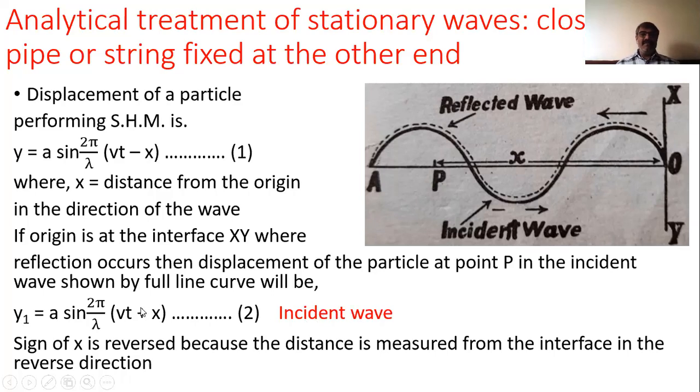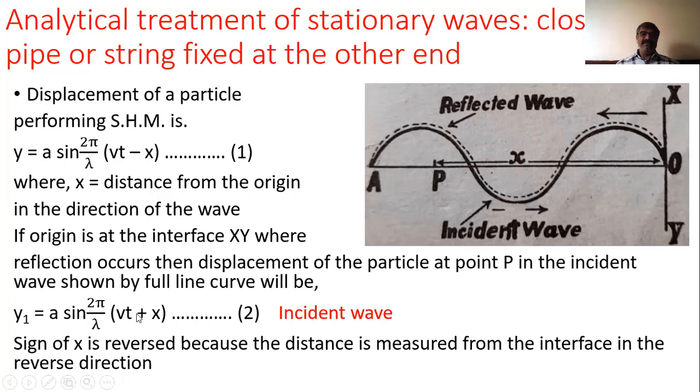The only thing we have done is, for our convenience, we have measured the distance of a particle point P exactly in the direction opposite to the direction of propagation. The direction of propagation is from point A to O, and we have measured distance from O to A, exactly the opposite direction.